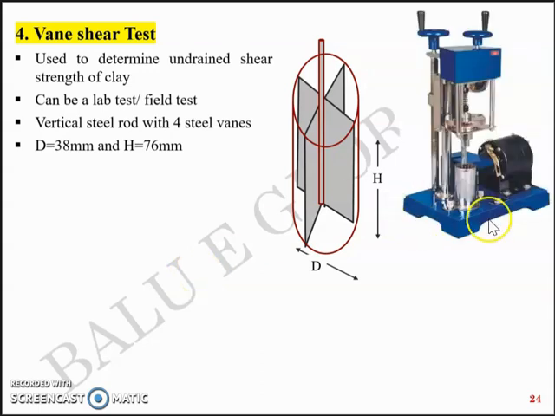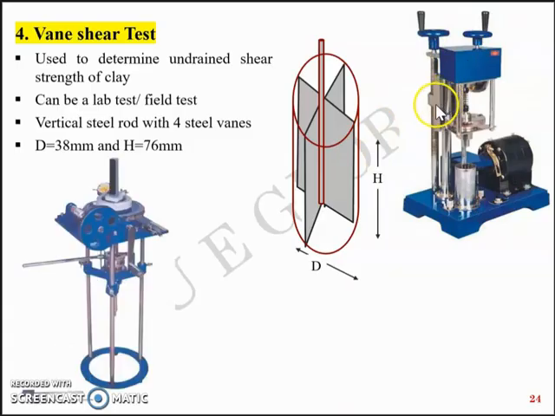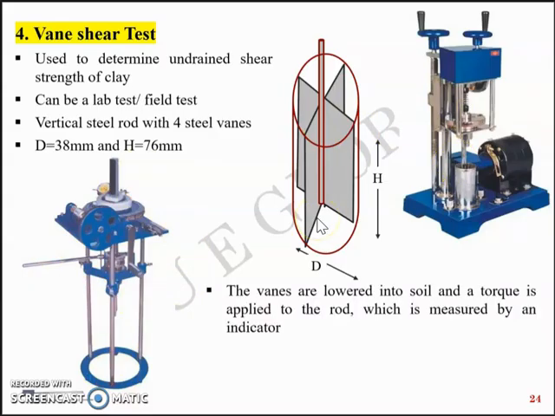The lab test setup is shown here, and the field vane shear test setup is shown here. Of course, the dimensions are different, and the vanes in either of these test setups are lowered into the soil, and a torque is applied to the central rod, which is measured by an indicator.